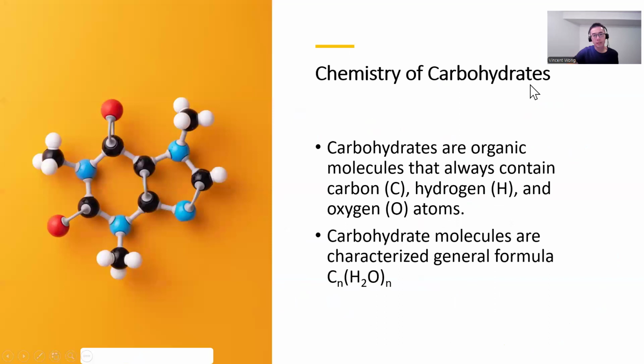So let's start with some basics. For each of the macromolecules, the carbohydrates, the proteins, the lipids, and the nucleic acids, I want you to keep in mind a couple of things. Number one, what kind of atoms they are made of.